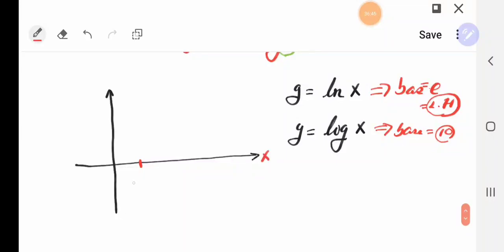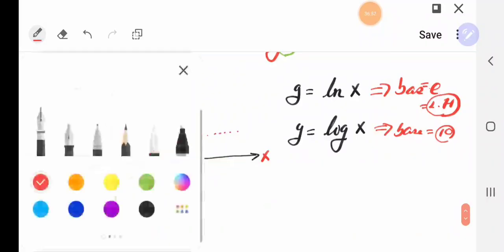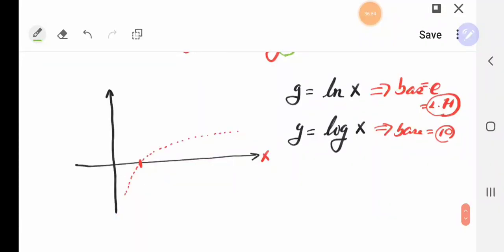So log of x will be close to the x-axis, and the natural logarithm is a little bit further from the x-axis. Let's say this is the y-axis.